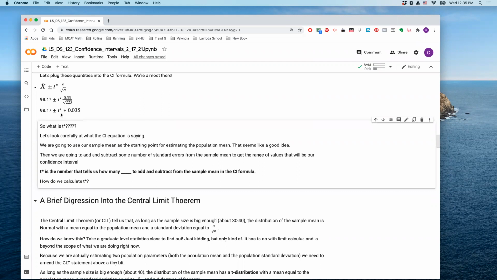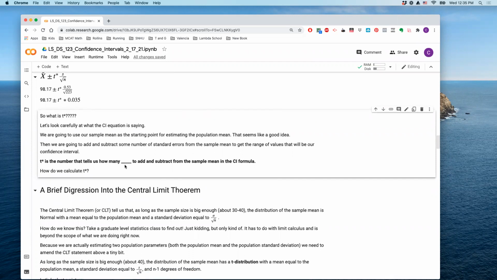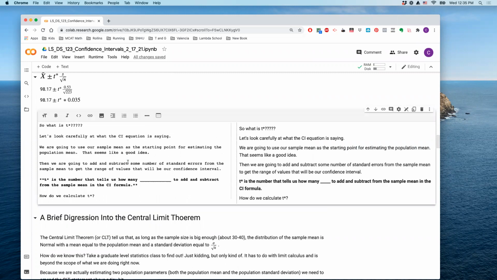So what t star is doing is this is the number that tells us how many standard errors to add and subtract to either side.